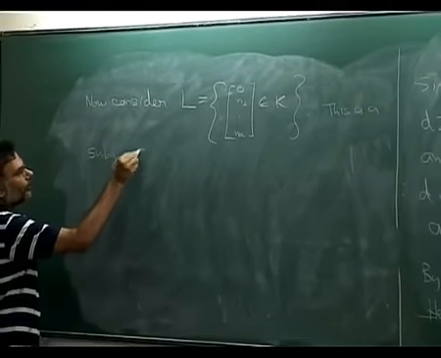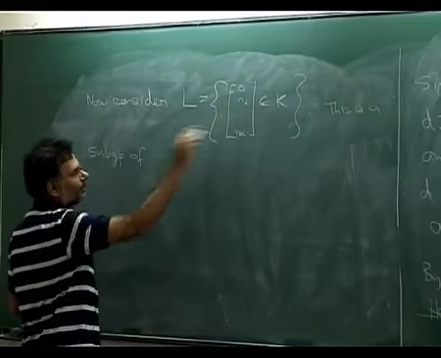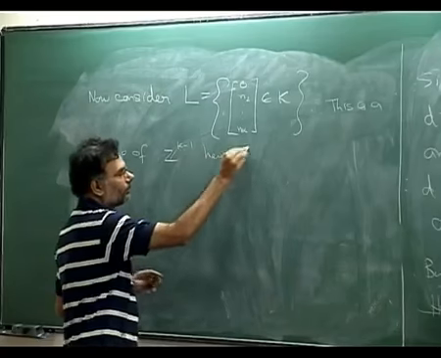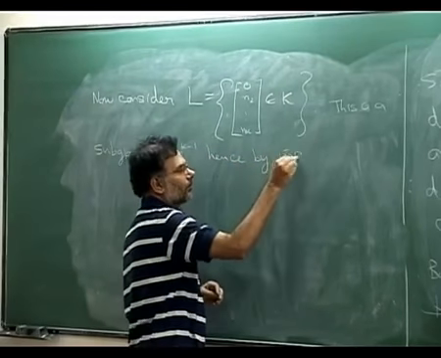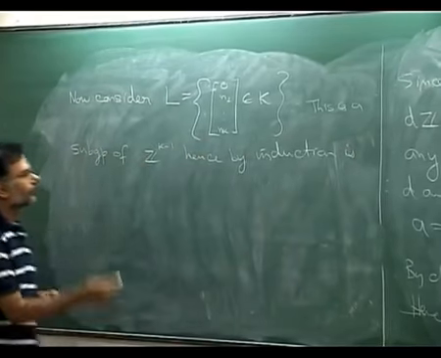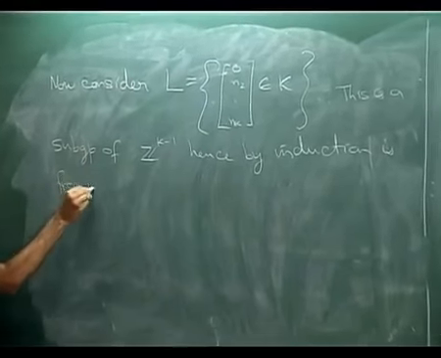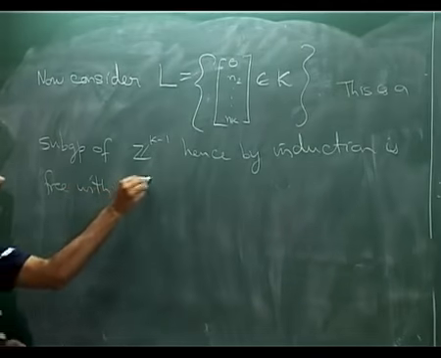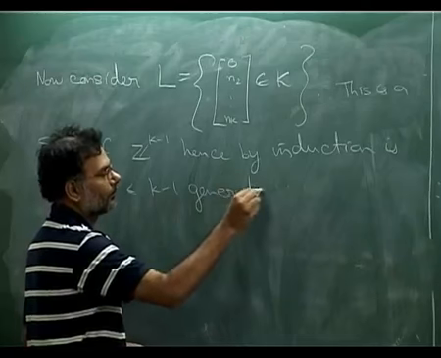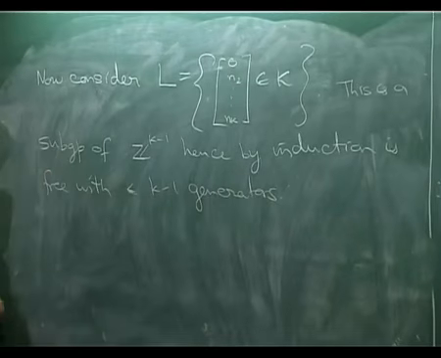This is a subgroup of just this part, that is Z to the K minus 1. Hence by induction it is free with less than or equal to K minus 1 generators. That is the inductive assumption.